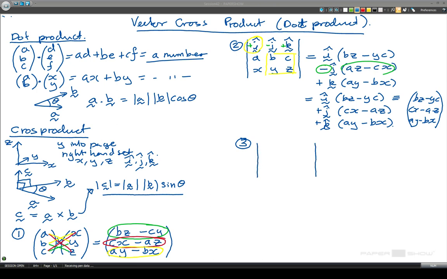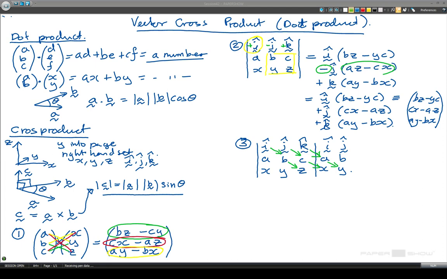So if we write our 3 by 3 determinant again, i hat, j hat, and k hat with a, b, c, x, y, and z, then we add i hat and j hat here, and a and b and x and y. And now what we do is multiply i hat times bz, j hat times c times x, and k hat times a times y.